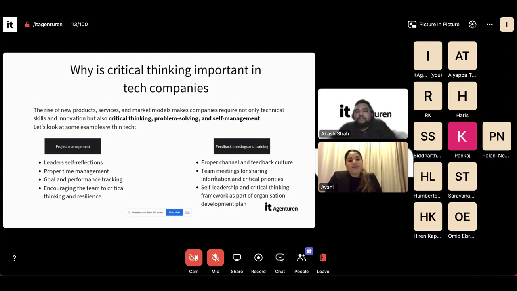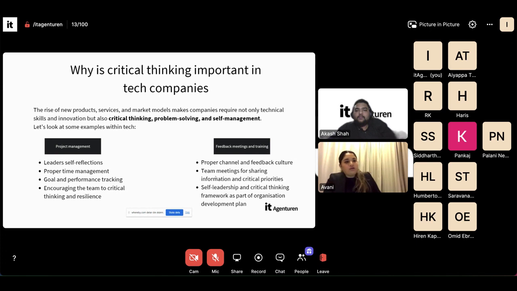Yeah, absolutely. As you know, there are new companies coming in the market here and there, and there are companies with decades of experience launching new products, new services, revising their market models, and so on. And typically, the shift that we see in 2023 is that companies these days not only require your technical skills, but also require soft skills.